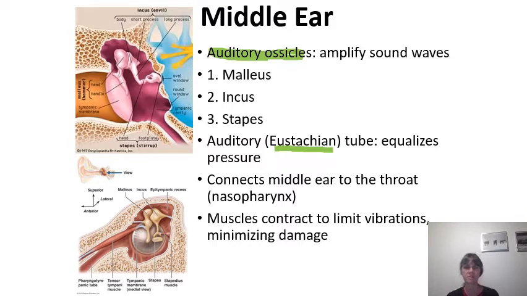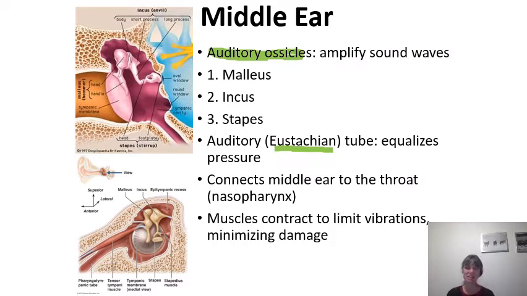The auditory tube helps connect the middle ear cavity to the throat, specifically the nasopharynx. There are 3 portions of the pharynx that you'll learn about when you get to A&P 2. There's the nasopharynx, the oropharynx, and the laryngopharynx.